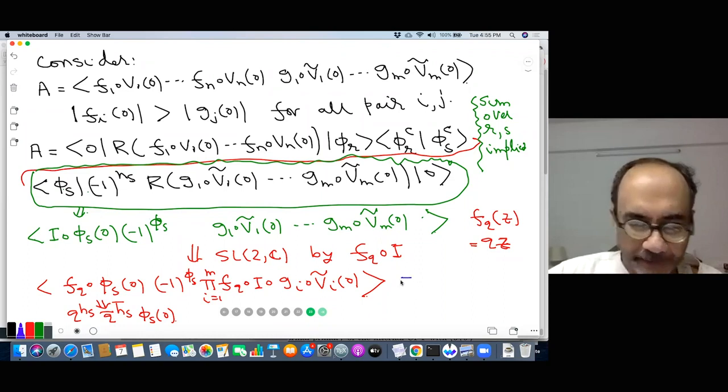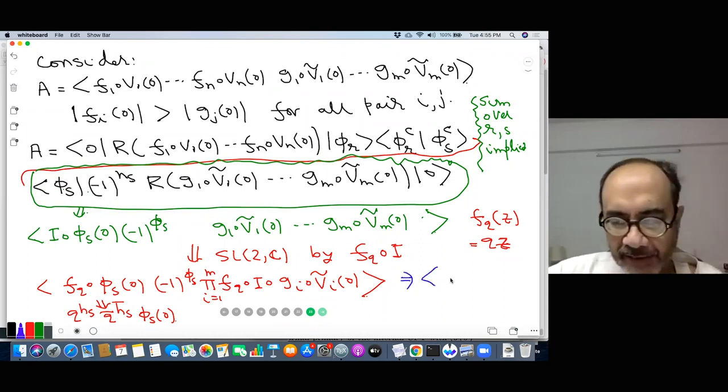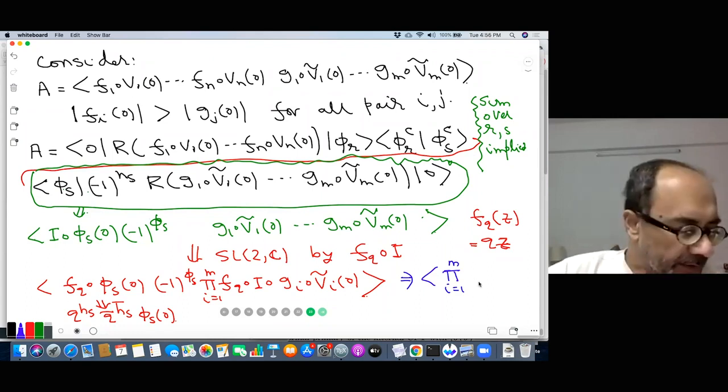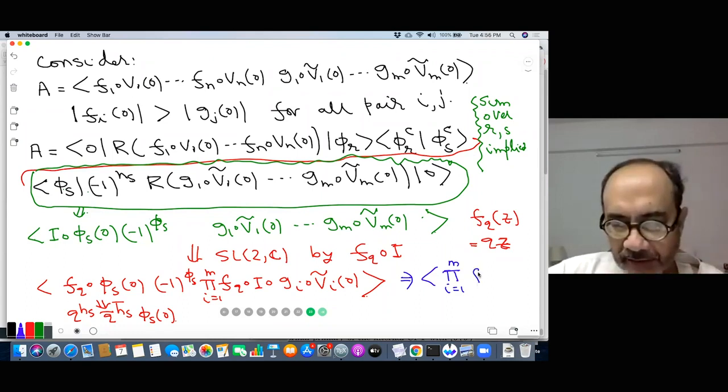So at the end of it, I can write this as product I equal to 1 to M. Let me write this as, I think I have called this F tilde I dot V tilde I 0 times phi s of 0.